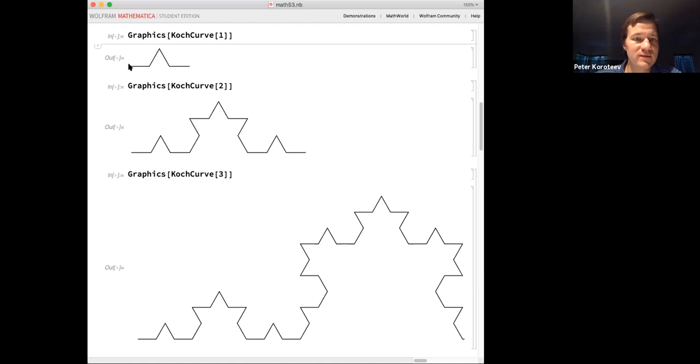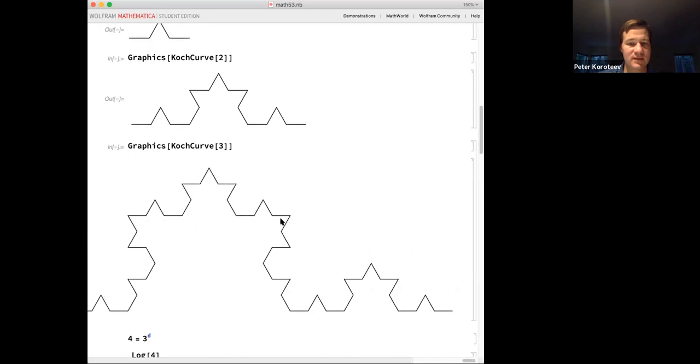At step 1, you have this shape with a spike, so that the length of each of those segments is the same. At every step, you break the interval into 3 equal parts, and then you draw the first one horizontally, and then you make this spike in the second one, and then you continue. So at step 2, you get this shape, and at step 3, you have that shape.